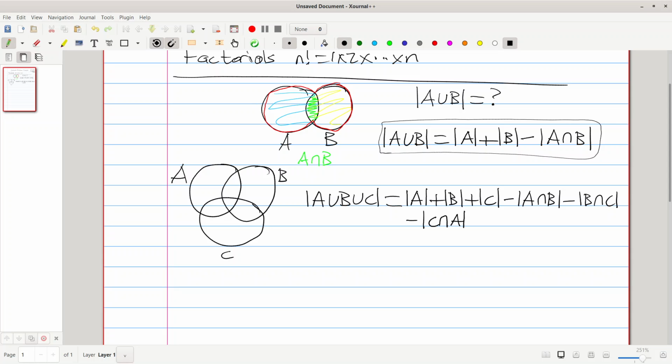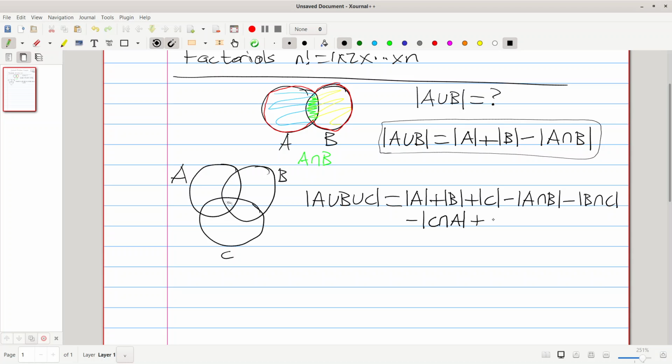Now, are we done? Well, if you look at the part in the middle, it was included in the A, adding the number of elements in A and in B and in C. So it was included 3 times, but it was subtracted 3 times when I took away the number of elements in A and B, the number of elements in B and C, and the number of elements in C and A. So currently, this expression I have on the right hand side does not include this piece in the middle.